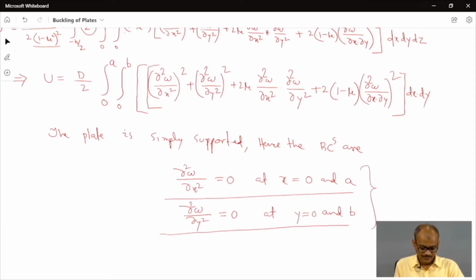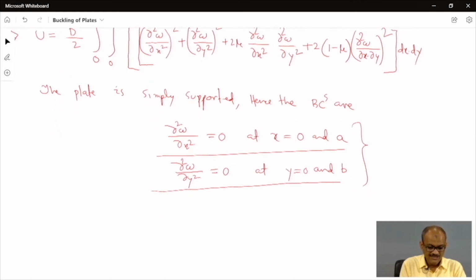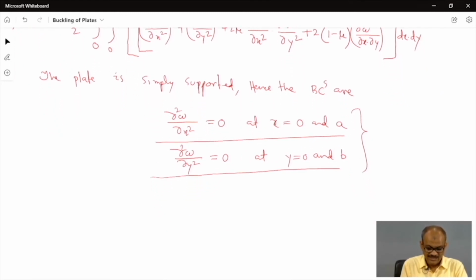Now what you can do, you will have to assume a deflection surface that can be represented by a double trigonometric series.